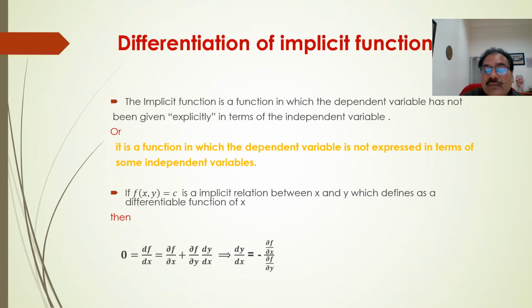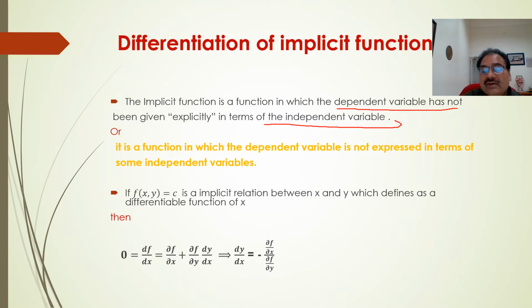So for differentiation of an implicit function under this total derivative, you have to study the implicit function. You know what an implicit function is? An implicit function is a function in which the dependent variable has not been given explicitly in terms of the independent variable.